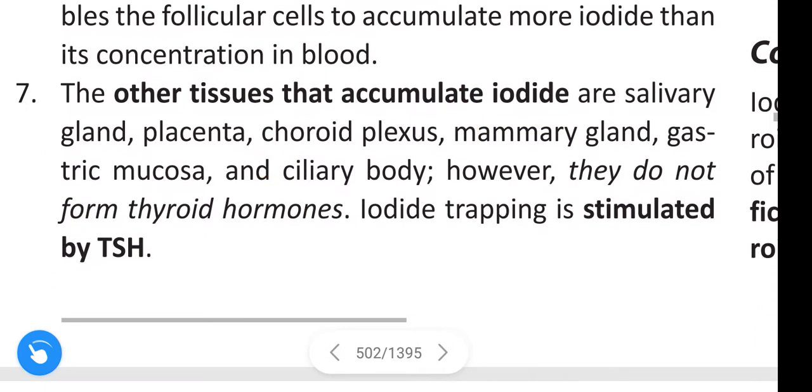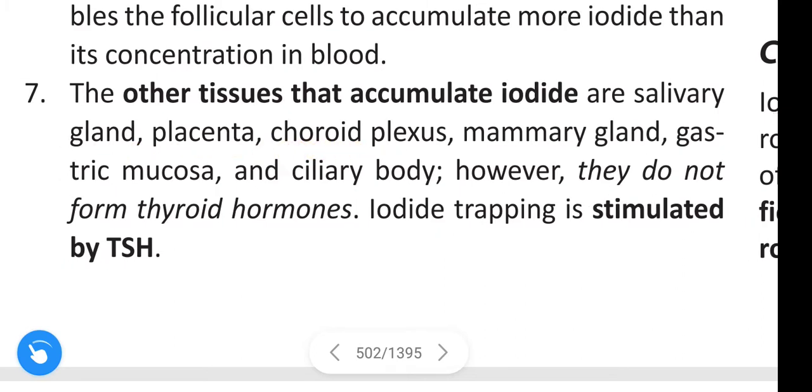The other tissues that accumulate iodide are the salivary gland, placenta, choroid plexus, mammary gland, gastric mucosa, and ciliary body. However, they don't form thyroid hormones.